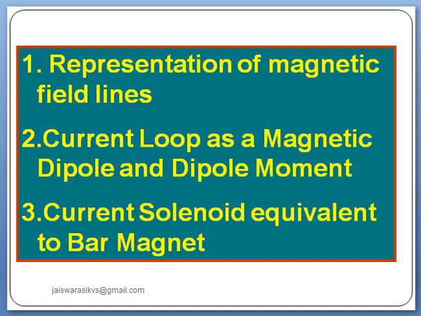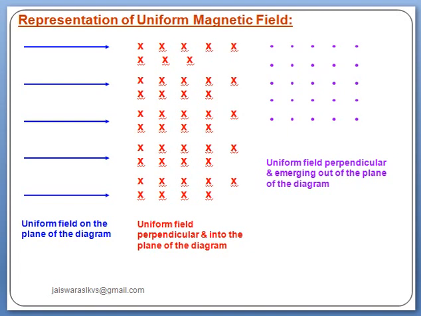So let us see first point, that is representation of magnetic field lines. See, students, let us see the representation of uniform magnetic field line. This symbol, you may say this is a kind of ray. This ray shows uniform magnetic field on the plane of the diagram.